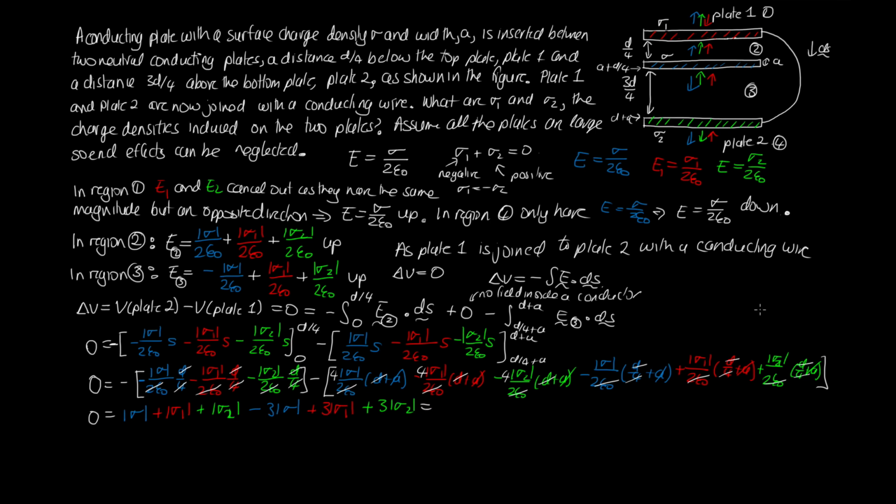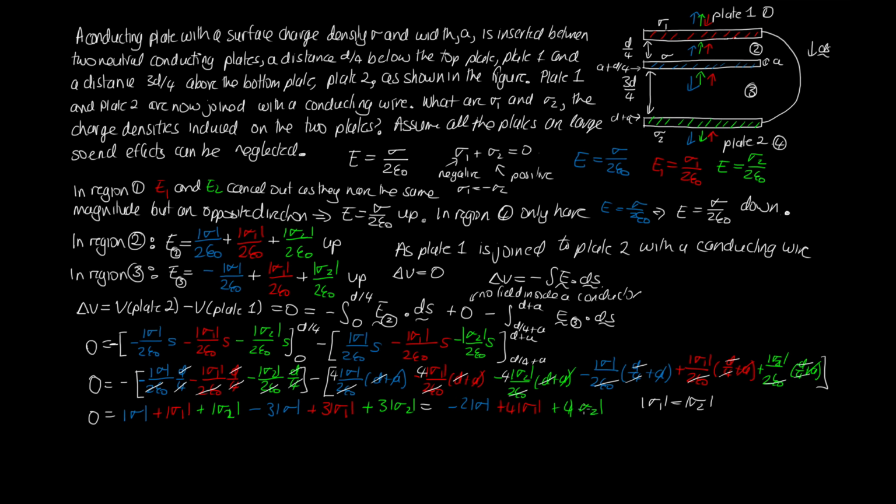So then we can simplify this a bit further. Let's combine the sigmas. We've got minus 2 sigma, and then we'll combine the sigma 1's. So we've got plus 4 sigma 1, and then we'll combine the sigma 2. So again, we've got plus 4 sigma 2. Now remembering up here, we said sigma 1 plus sigma 2 equals 0, which tells us sigma 1 equals minus sigma 2. But we know that the magnitudes must be the same. So we've got that the magnitude of sigma 1 is equal to the magnitude of sigma 2.